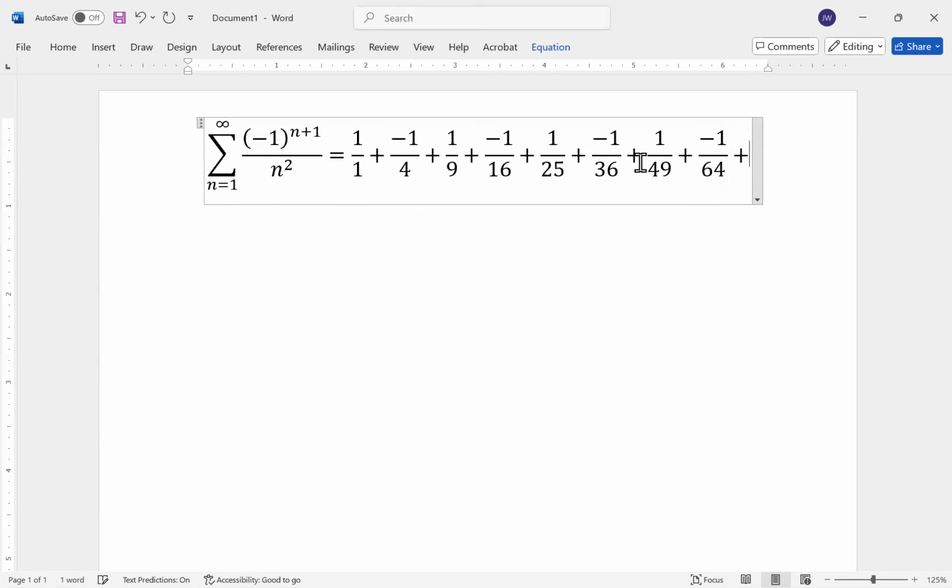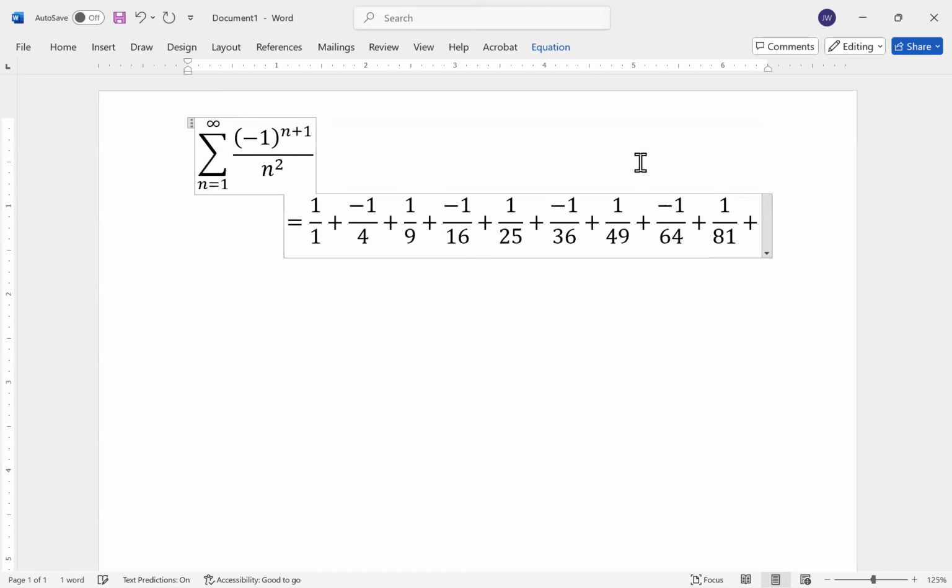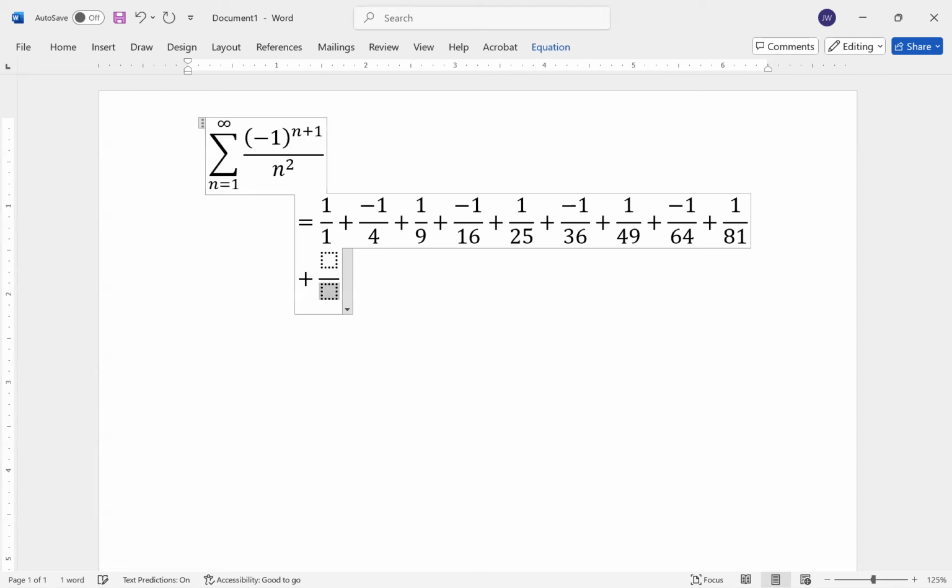And then the next term would be a +1 over 81. And then the next term would be a -1 over 100. And it would go on and on like that forever.